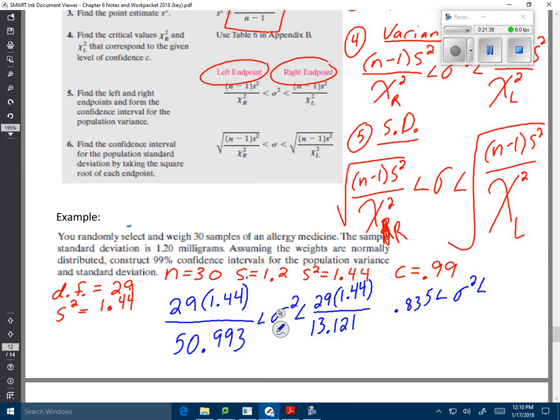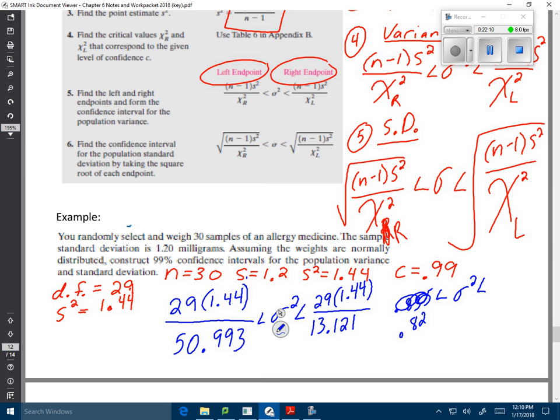I thought I was a little bit off on that. If I take 41.76 divided by 50.993, make it .82 for this one. Second one, take 41.76 divided by 13.121, 3.18.